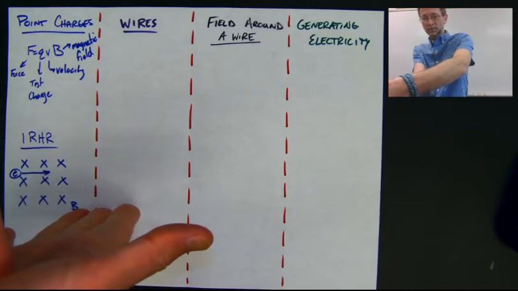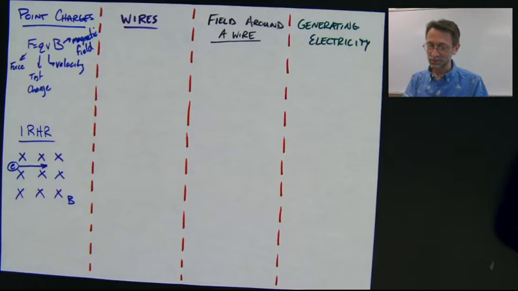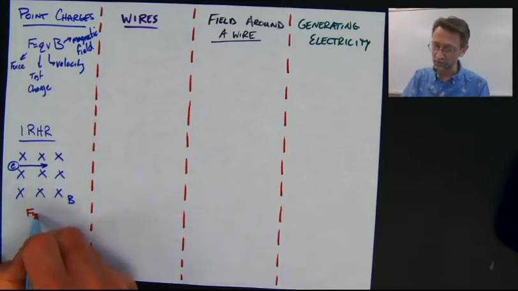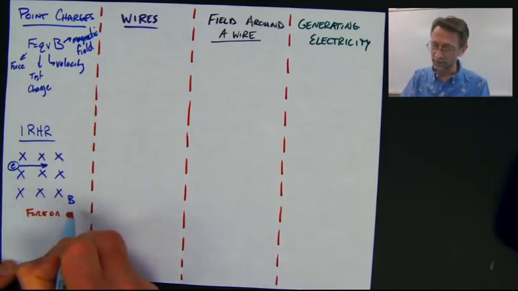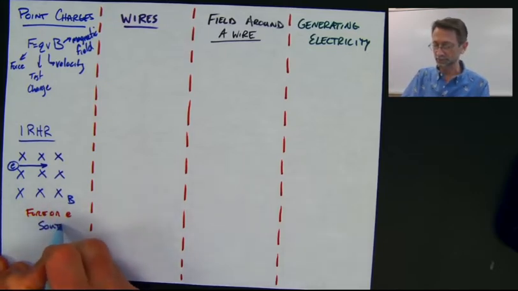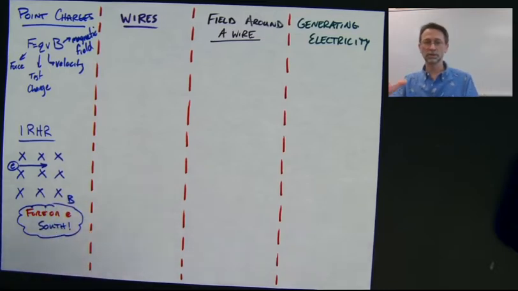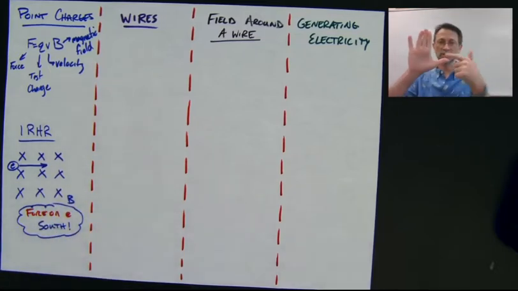And so the answer for this one is this direction, which is south. So we would say that the force on the electron is heading south.